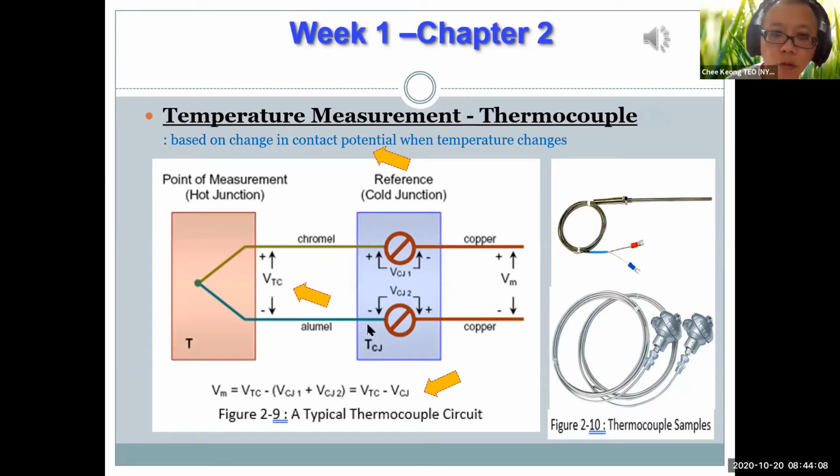But because there's a cold junction, the equation that relates the V measured with the VTC and V cold junction is these two voltages, or they call it VCJ. And that will be the equation. So for now, we just stop at this, but we just know that a thermocouple is just 2 leads, 1 tip, which is the difference in terms of material to detect the thermal voltage. And we will come to this in tutorial 1.